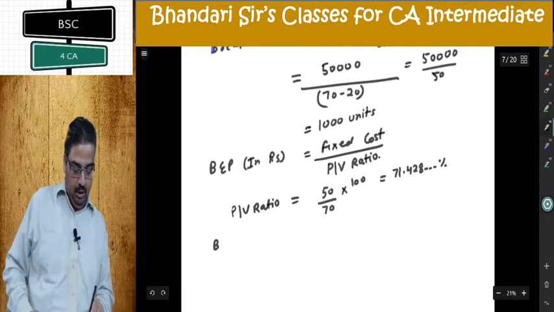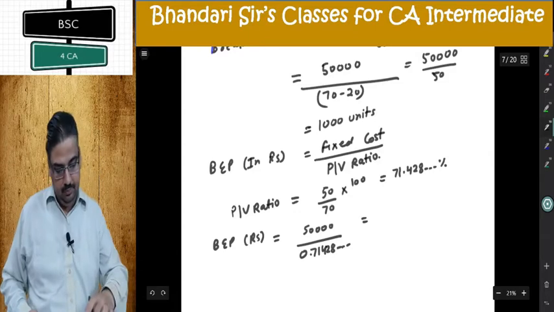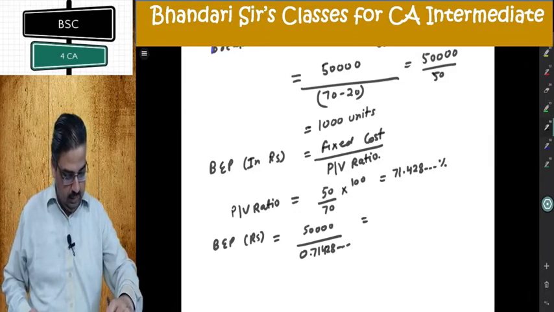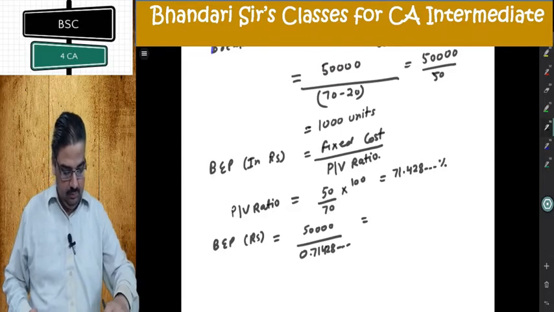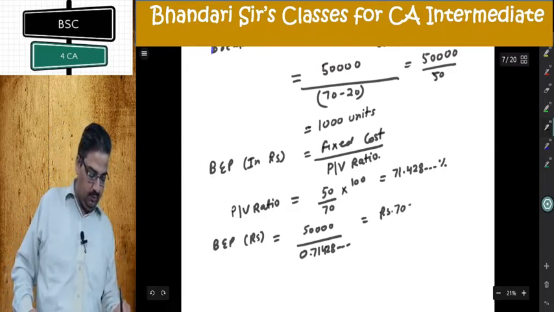So, break-even point in rupees is equal to 50,000 divided by 0.71428. Once I do 50,000 divided by this figure, I am getting exact rupees 70,000.